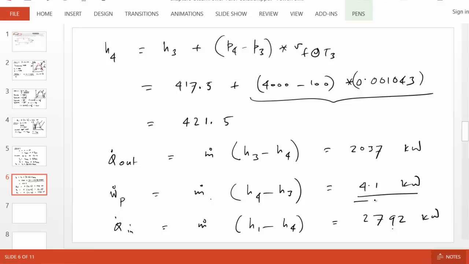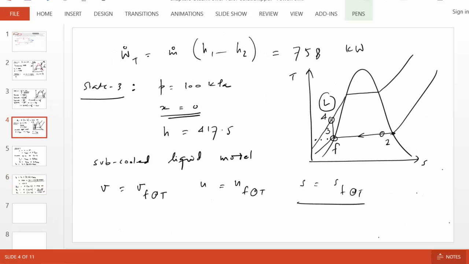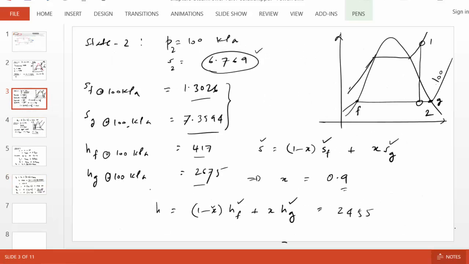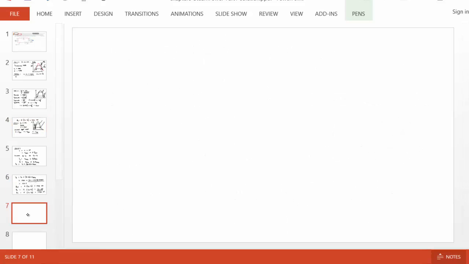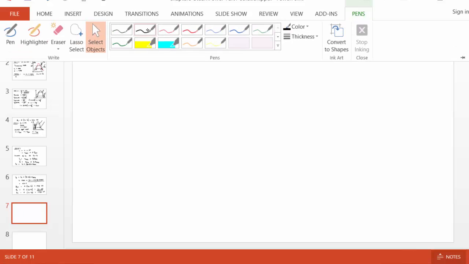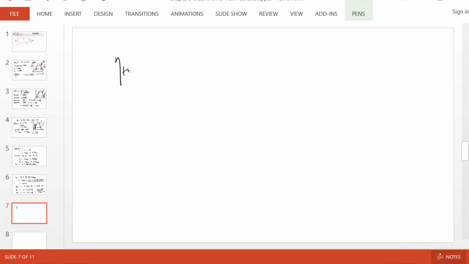Notice how little the pumping power is compared to the turbine work we already calculated. Where was that? 758 was the turbine work, and look at the pumping work, 4.1. To find the thermal efficiency, everything is kind of done for us already. So thermal efficiency of the Rankine cycle is W dot net, which is turbine minus pump. So you can do it various different ways.